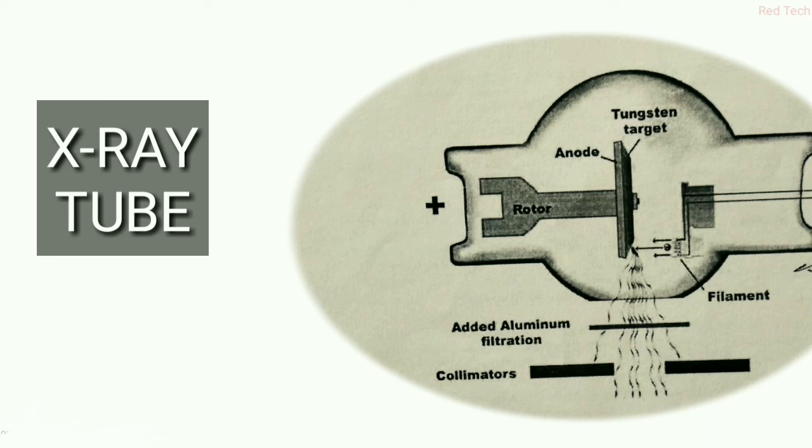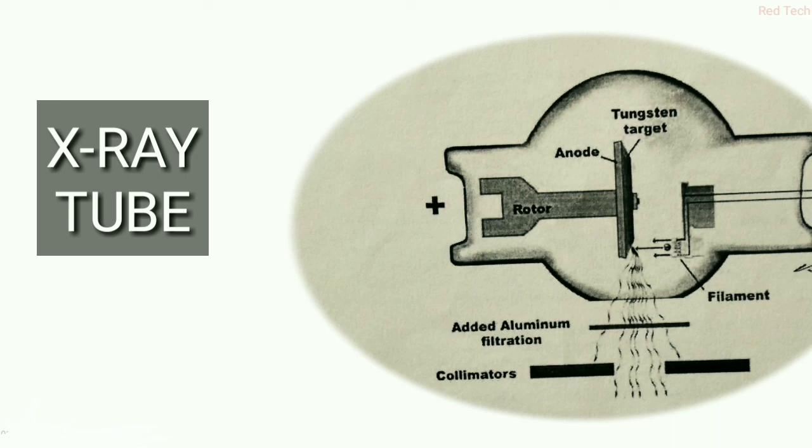Now move to tube current. Tube current is basically the electrons flowing in the X-ray tube. The electrons come from the filament and hit the anode, which generates the X-rays.